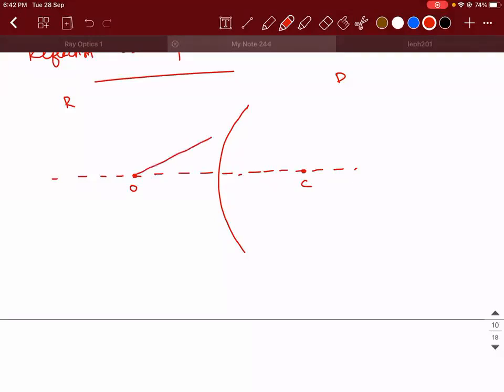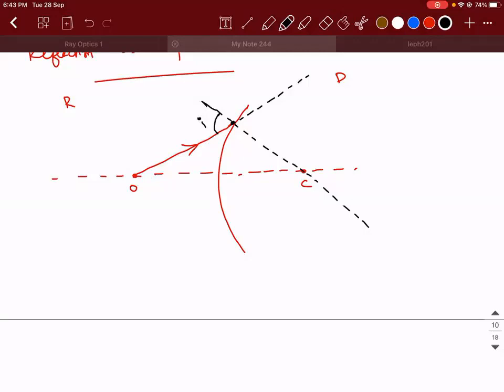A ray travels and hits this surface. This is the incident ray. If you draw a normal like this, then this will be the angle of incidence. The ray keeps traveling like this. That should have been the actual path.